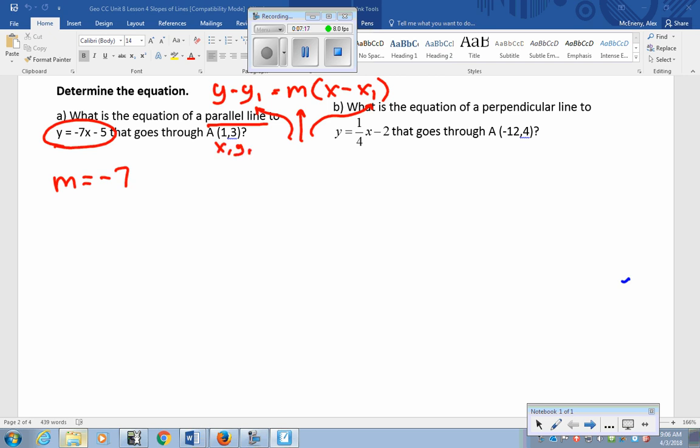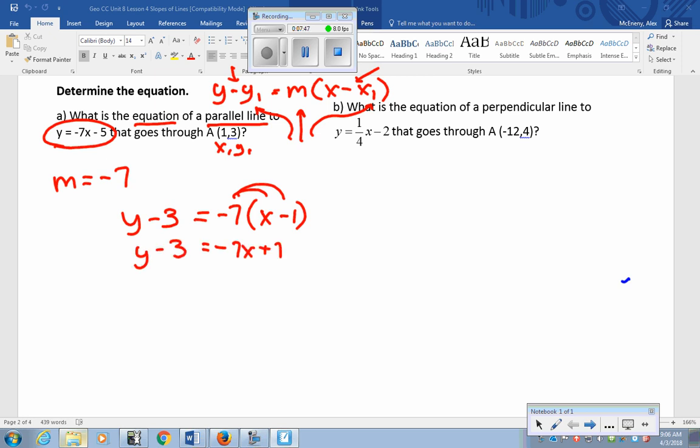So when I write this out, I have y minus 3 equals -7 parentheses x minus 1. And if either of those numbers were negative, we would have to change those signs, the signs here and here, to a plus sign. So to get y by itself, because they want an equation, you distribute, you get -7x plus 7.